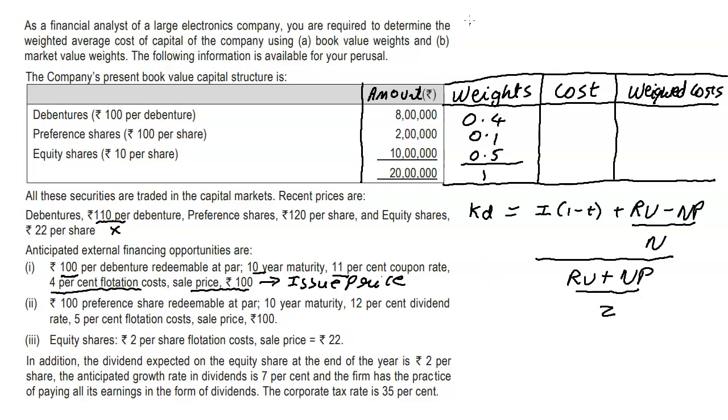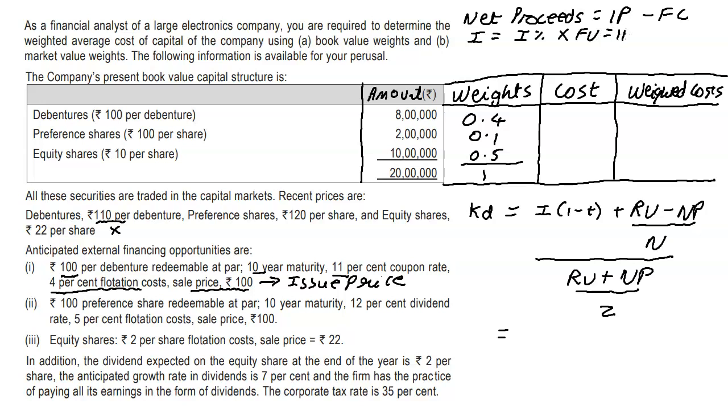Now, I've told you all before, and it applies to all sums, whether it is cost of debt, cost of equity, cost of preference, your net proceeds is always going to be issue price minus flotation cost. We have interest at a certain rate, which is 11%. Always remember interest is equal to interest rate into face value.